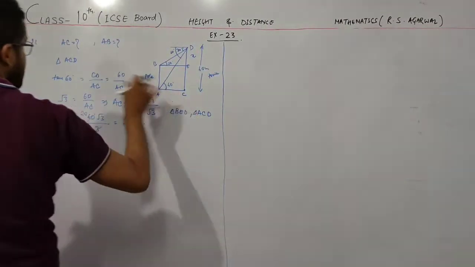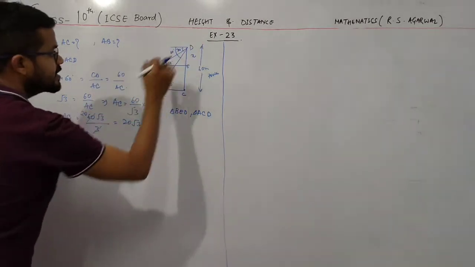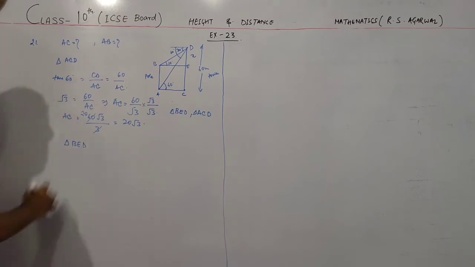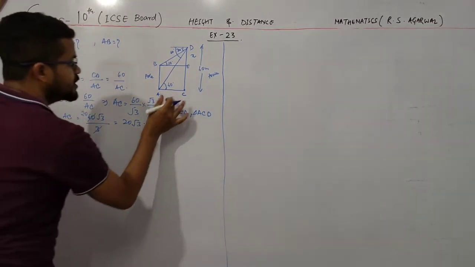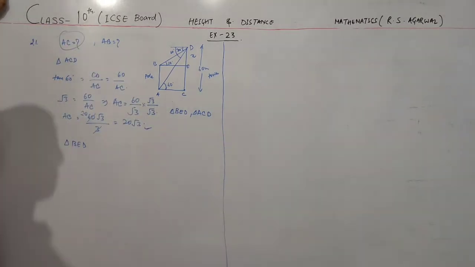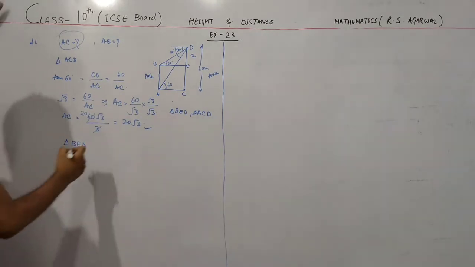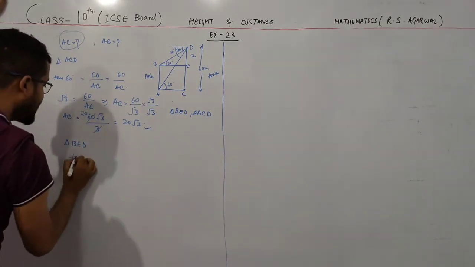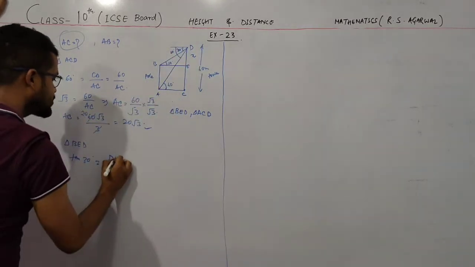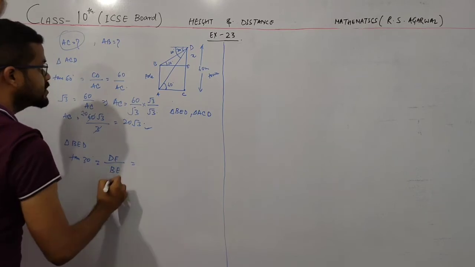Now this is AC, the horizontal distance between the pole and the tower. Now I am taking triangle BED. From this triangle, tan 30 degrees is equal to DE upon BE.